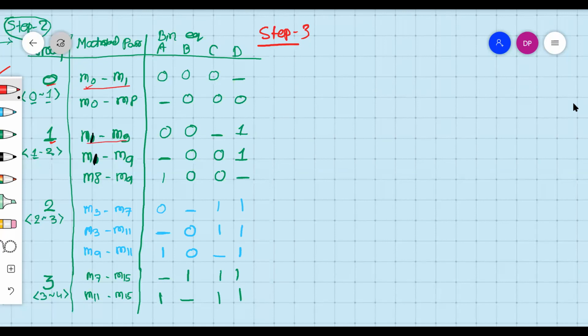This is same, this is same, this is different, and this is different, right? So this is not acceptable. So M0 M1 compare with M1 M9.